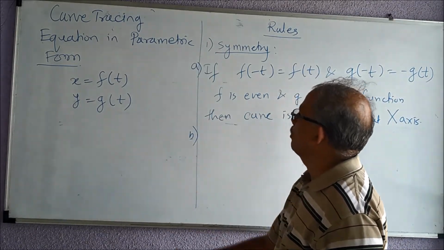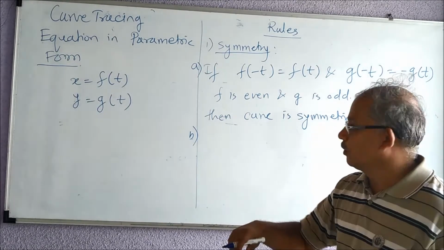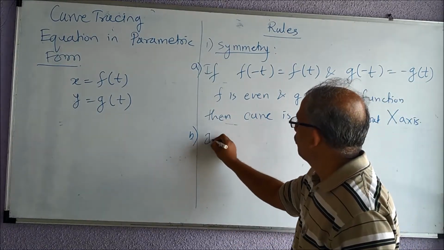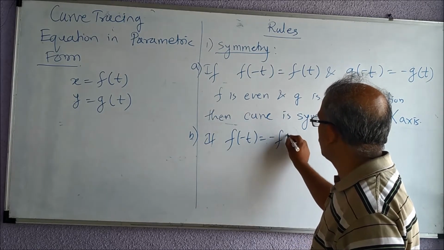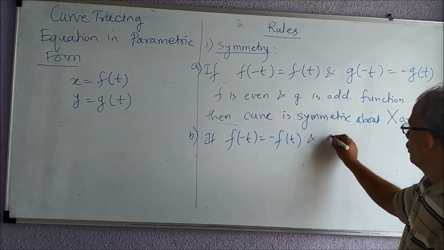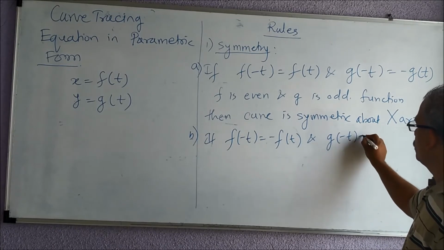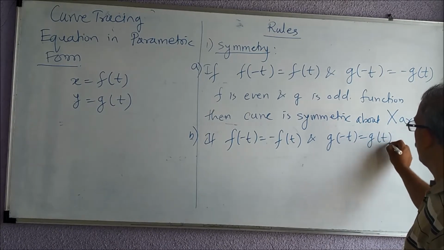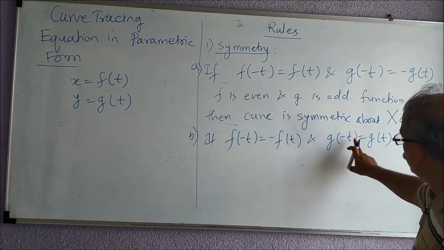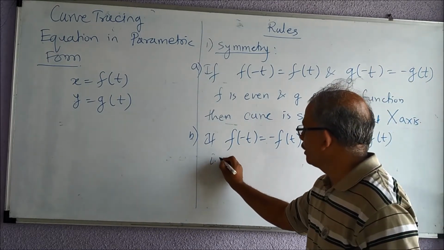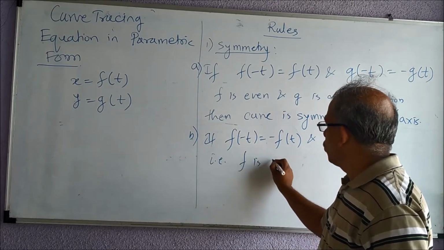B, the opposite of this, that is if f of minus t is minus f of t and g of minus t is equal to g of t. What it means is that f is odd and g is even.